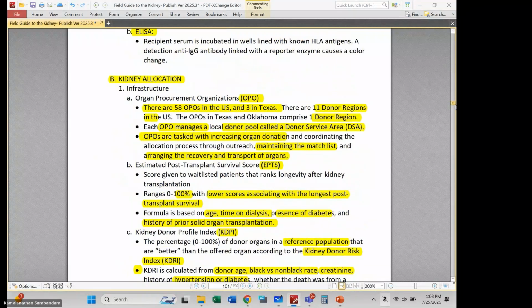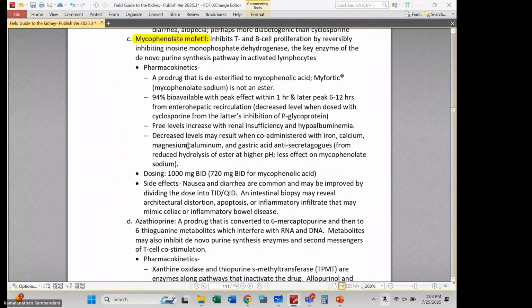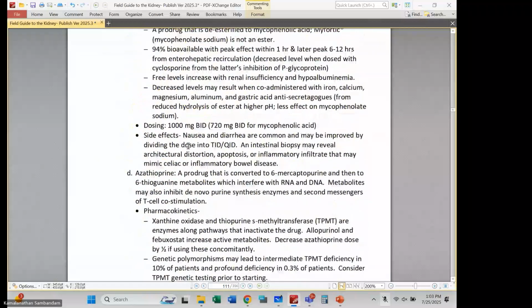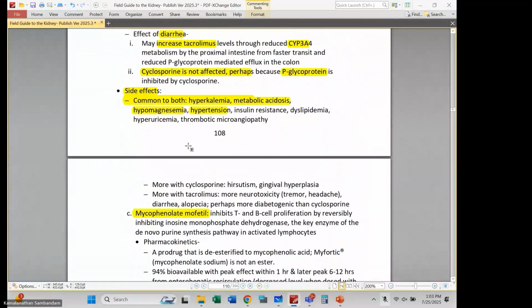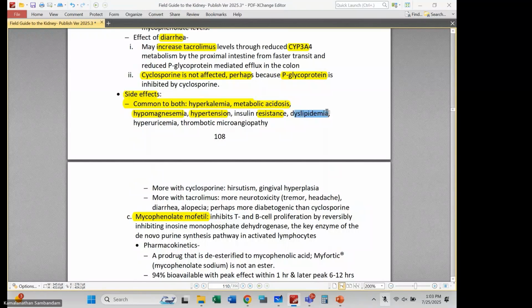The other things that you'll see that are common to both include insulin resistance, dyslipidemia, hyperuricemia. You can often see tophaceous gout with these, and a risk of thrombotic microangiopathy. Okay, these are dirty drugs. Again, calcineurin is not solely expressed in the kidney; it's expressed everywhere, essentially, and so it may explain why you see this multiplicity of effects from calcineurin inhibitors.